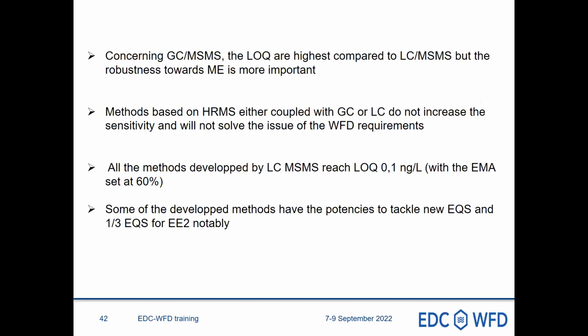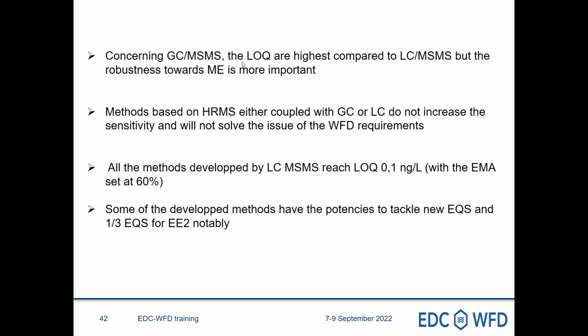Now let's go to the accuracy and the issue of the LOQ. Just to remind you, the LOQ in the project has been determined by a maximum acceptable accuracy of 60%. So what are the first achievements, what key messages?